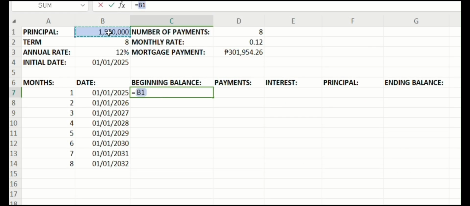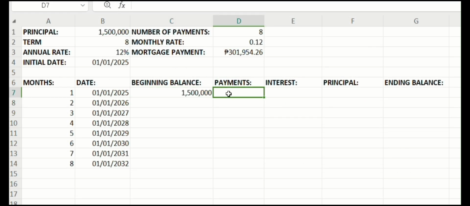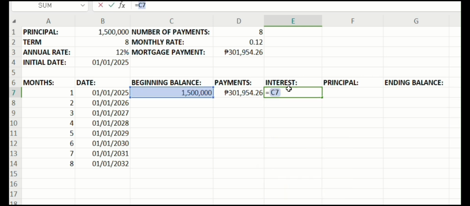For the beginning balance, we have 1,500,000, and for the payments, we have the mortgage payment of 301,954.26, and for the interest, we have C7 times the monthly rate of 0.12.